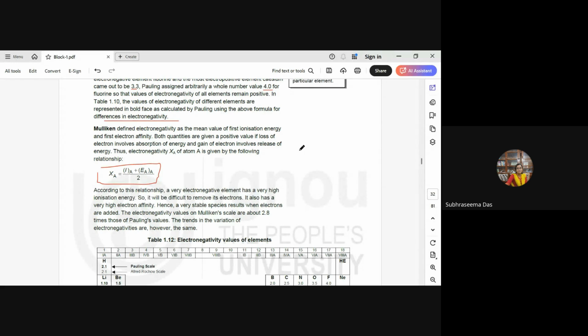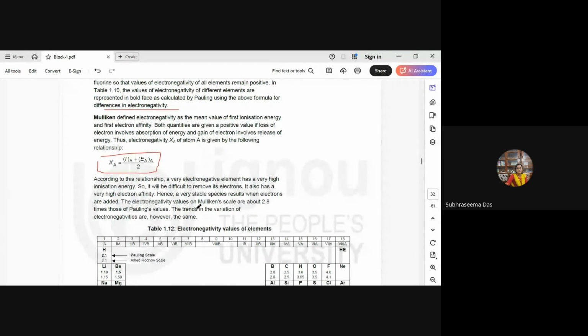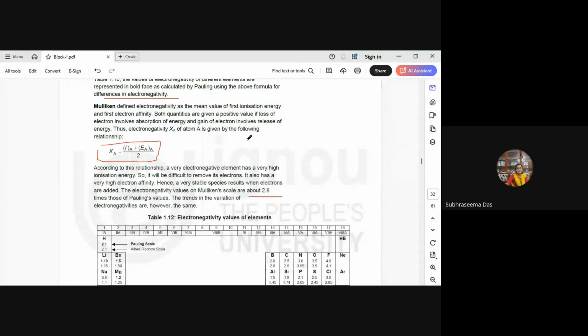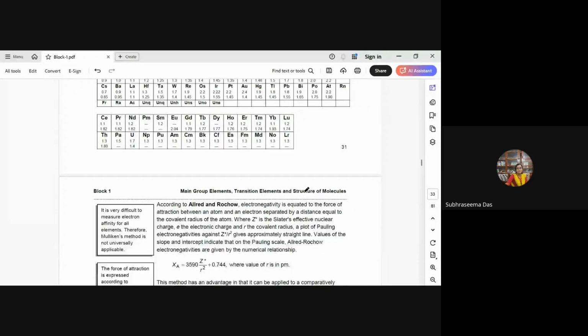Now both these values are positive, and this formula is much easier to use. But the maximum electronegativity value on the Mulliken scale is about 2.8 times higher, approximately 3 times higher than Pauling's values. So this is how the Mulliken scale is used.